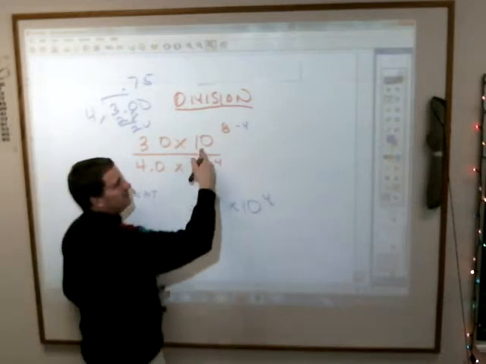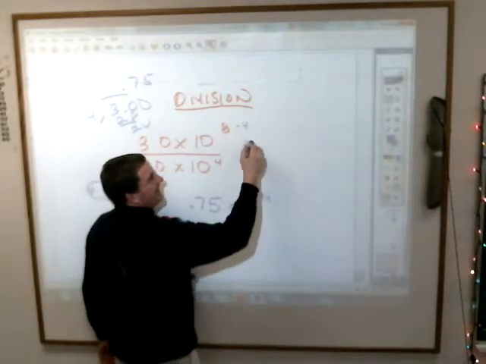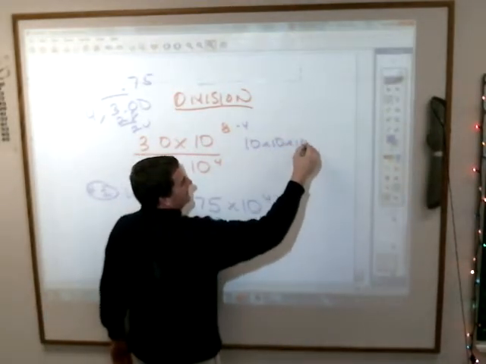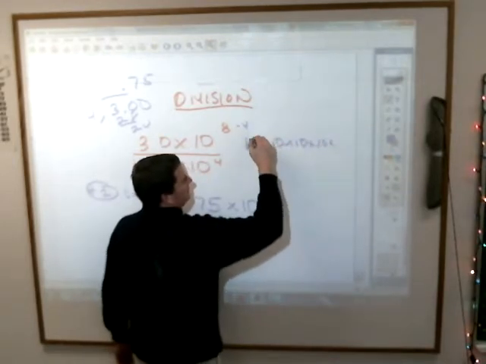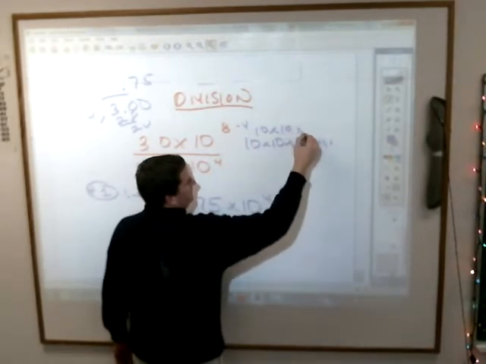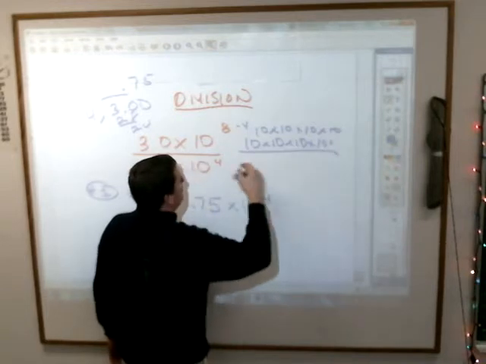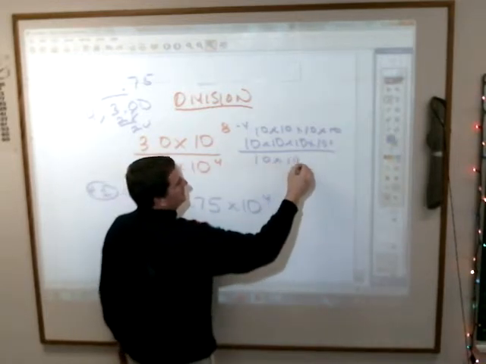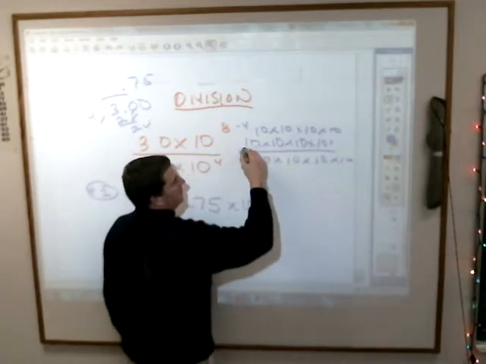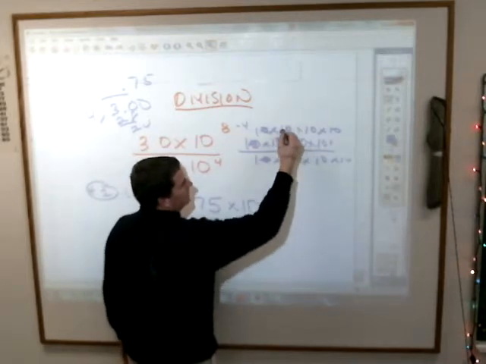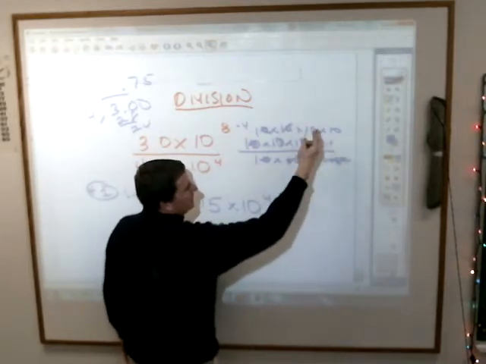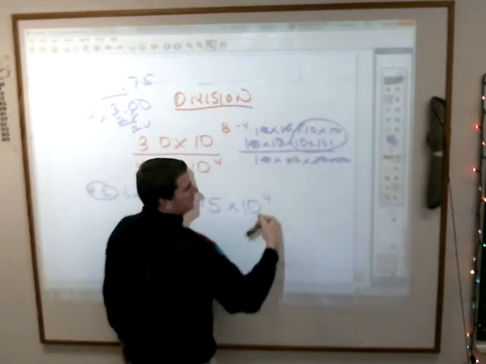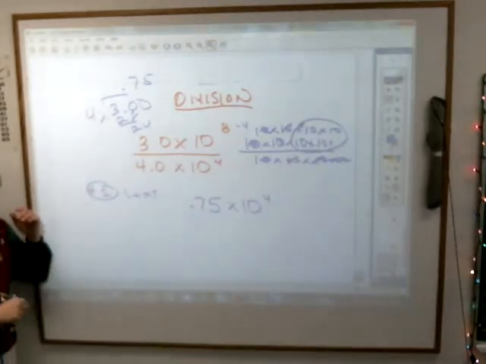And I'll show you why, because what does 10 to the 8th power mean? I have 8 10s times themselves, and that's all over 4 10s times themselves. Well, cross off 1 for 1. Really all you end up doing is subtracting the bottom from the top, and you end up with your 4 10s on top.